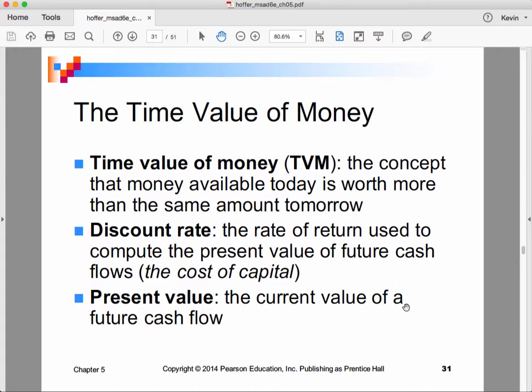So there are a couple of ways to do this, and the one that is the most popular is called net present value. It's the approach that we're going to recommend to you. So, what do you need to know to do a net present value calculation?